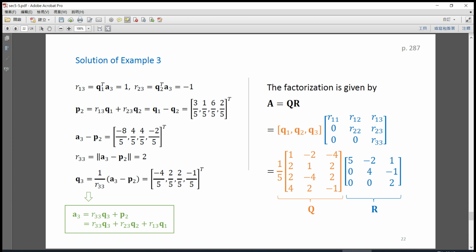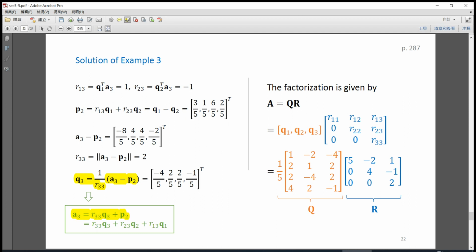Following a similar procedure as in the previous example, we have q3 equals a3 minus p2 divided by its length, and therefore a3 can be written as r33 q3 plus p2.